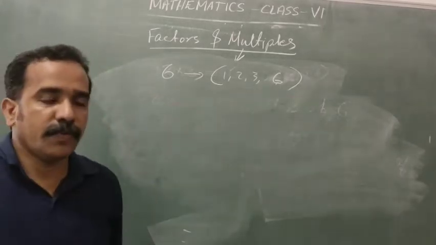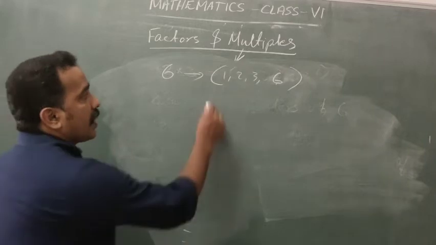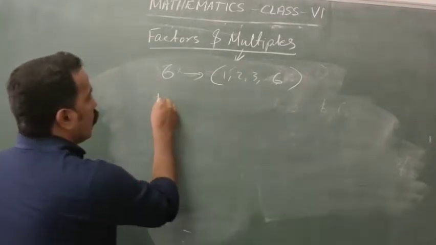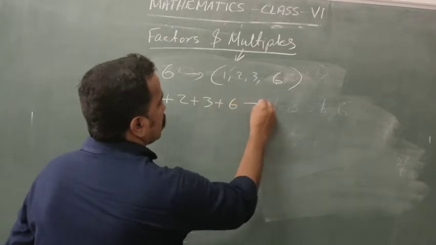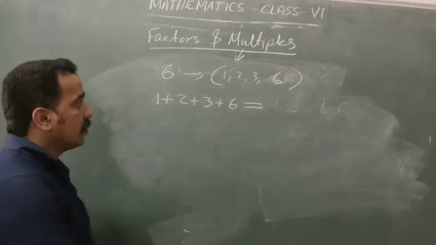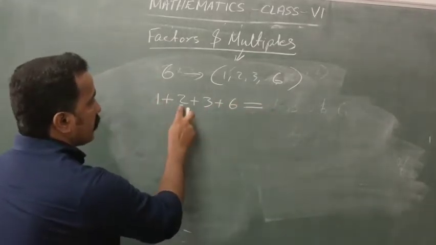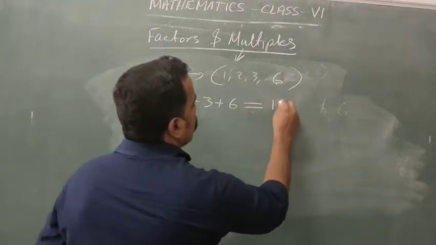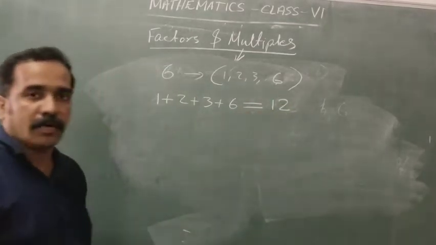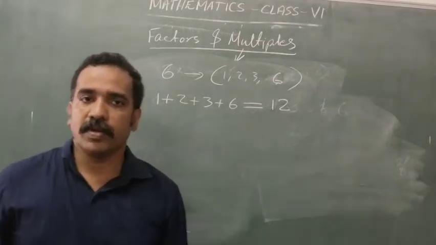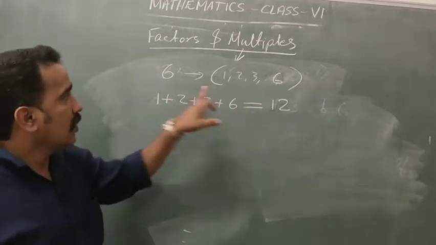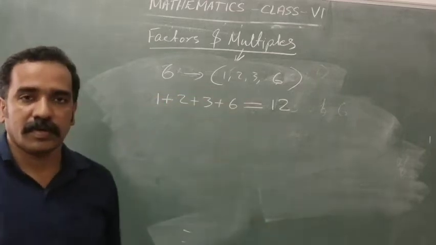Then if you look at these factors and add them, 1 plus 2 plus 3 plus 6, what is the answer? You will get 12. 3, 6 plus 6, 12.